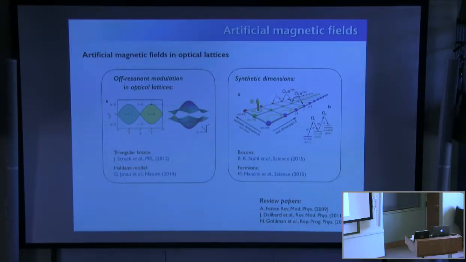So you use as a second axis, instead of a real optical potential, internal states of the atoms that are coupled by additional laser beams in order to engineer artificial magnetic fields. I will be talking about resonant laser-assisted tunneling, which is a bit similar to these ideas of off-resonant shaking, but by coupling two different vibrational states in the lattice.